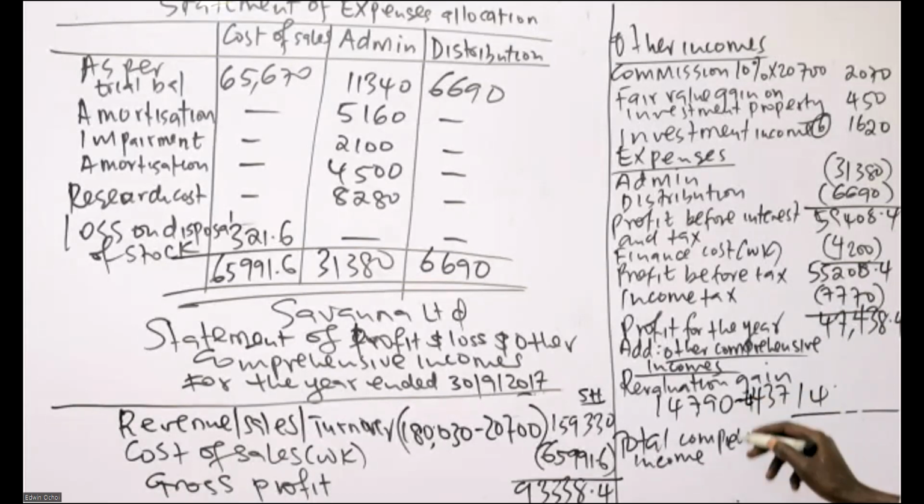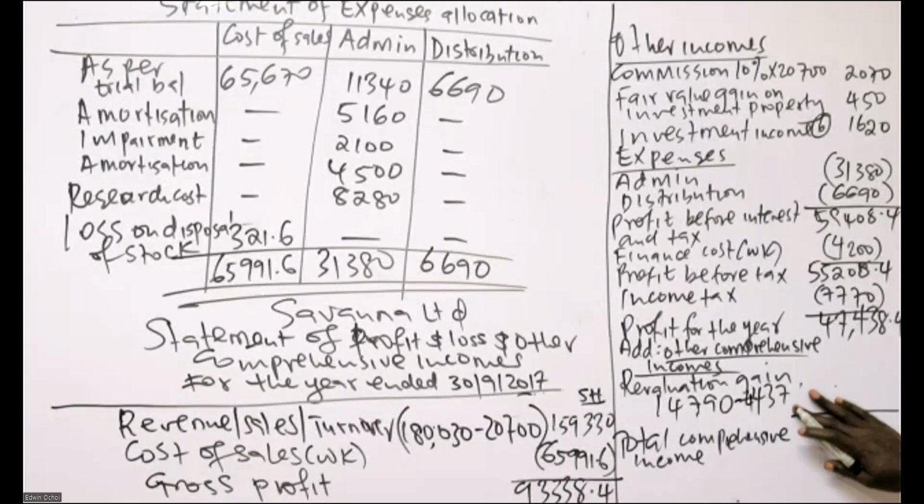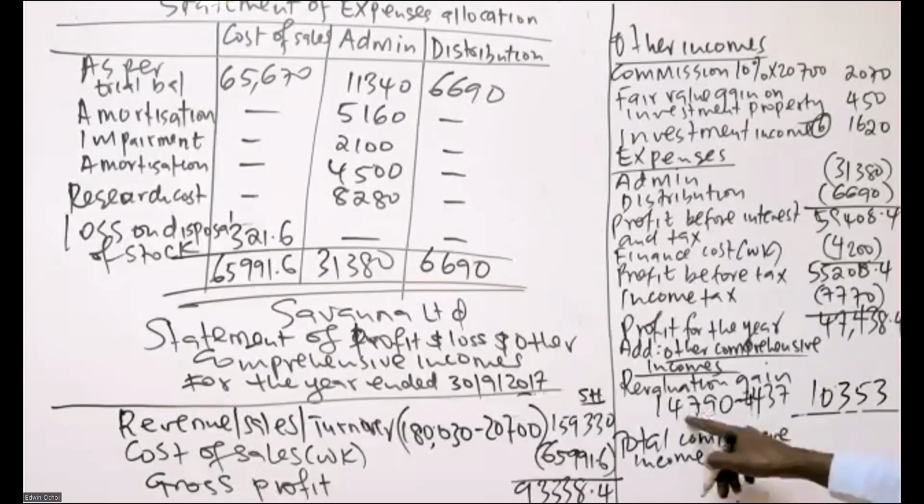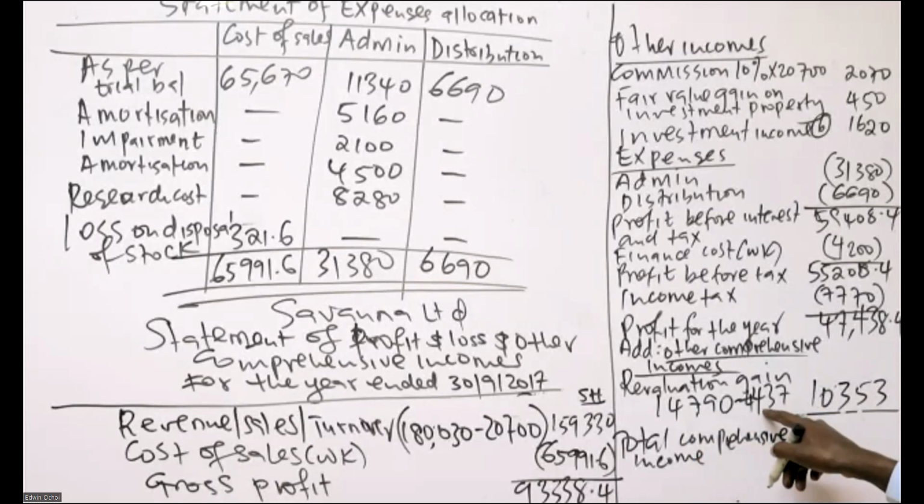This is 10,353, because it was 30% of 14,790. This is affecting the factors. That is why I'm deducting here. So plus 47,438.4, this is 57,791.4.